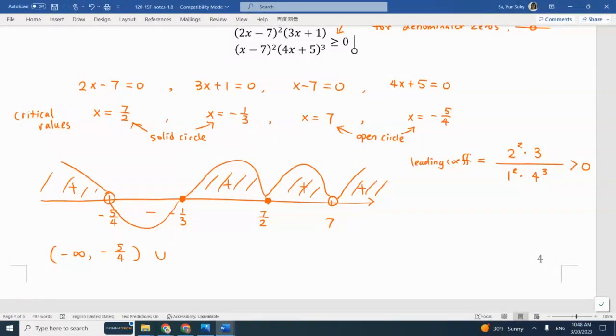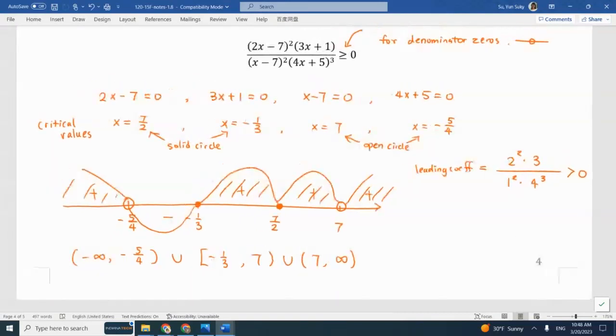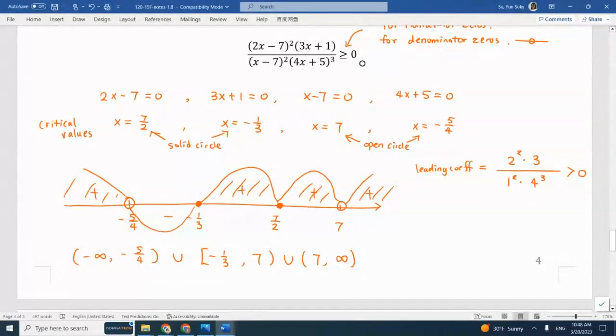Brackets. And then what do you do? Do we need to break it into 2 intervals here? No, because it's solid. We include the points. We go on. Do we need to break it? Yes. So it's 7. Parentheses or brackets? Parentheses, yes. Union 7 to positive infinity.